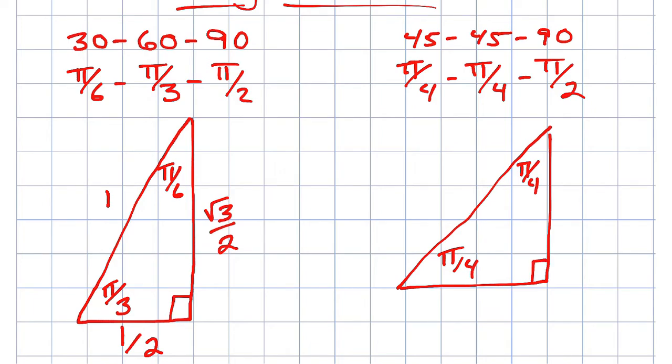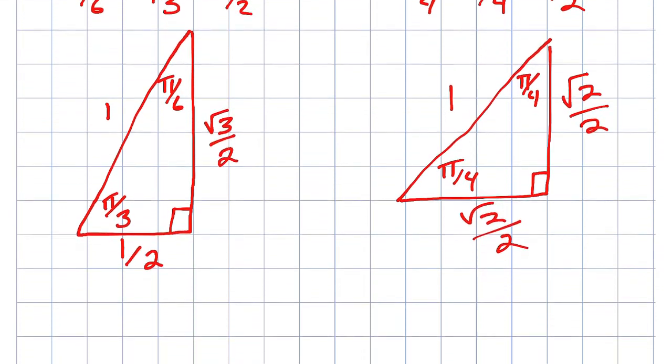In this case, if this is 1, this is the square root of 2 over 2, and this is the square root of 2 over 2 as well. Those are all values that you have to just know. If you don't know them by heart, you're just going to need to write them down 3 or 4 times.